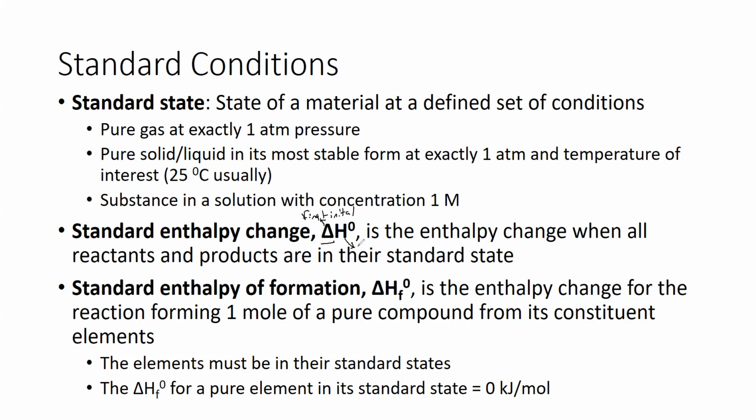H is enthalpy or heat, and this naught means standard state. When we have this symbol, this says we're calculating the enthalpy change if everything is in its standard state. So that's what that little symbol means. And standard state conditions, again, are up here.